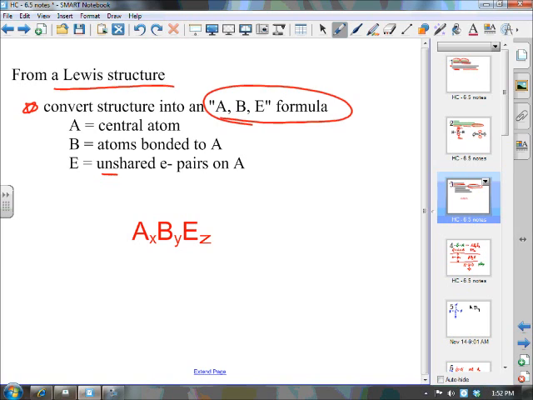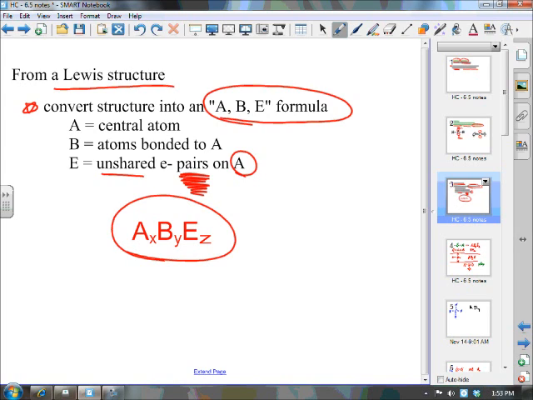E stands for the unshared pairs that are attached to atom A, the center atom. First of all, it's pairs of electrons, not individual ones, and the only ones we care about are the ones on the center atom. So what we're going to create is this formula, ABE, with subscripts.